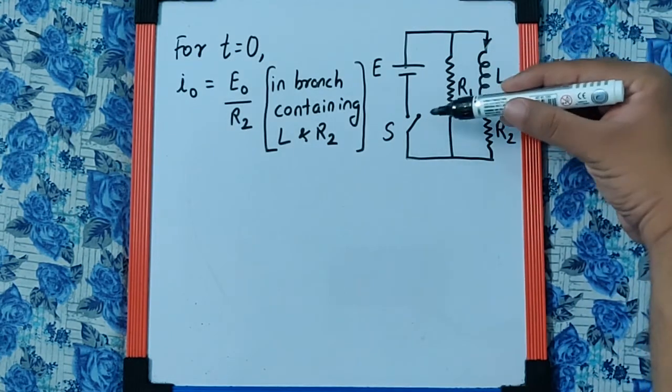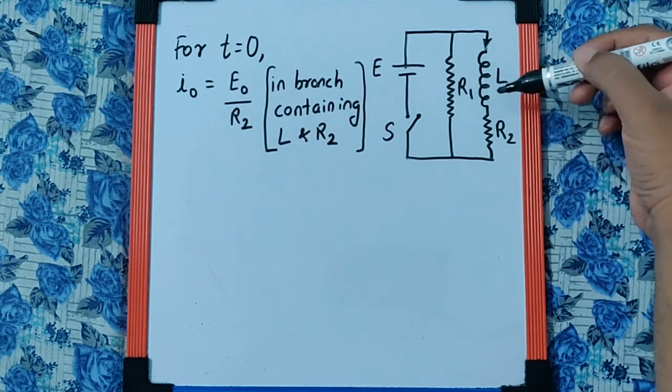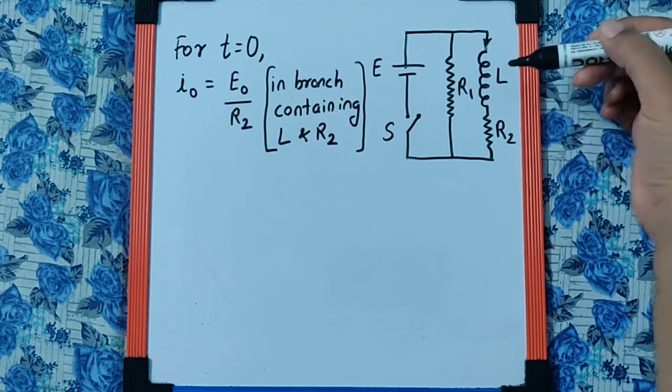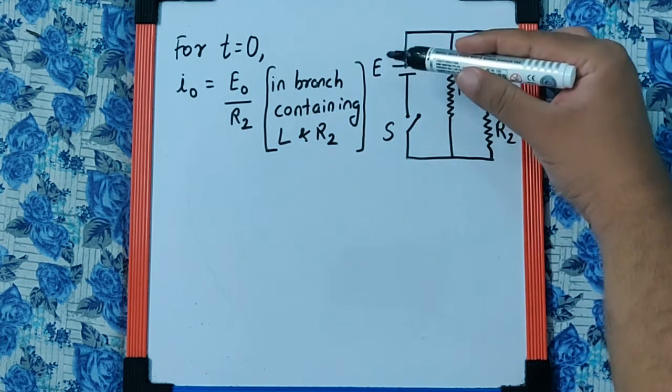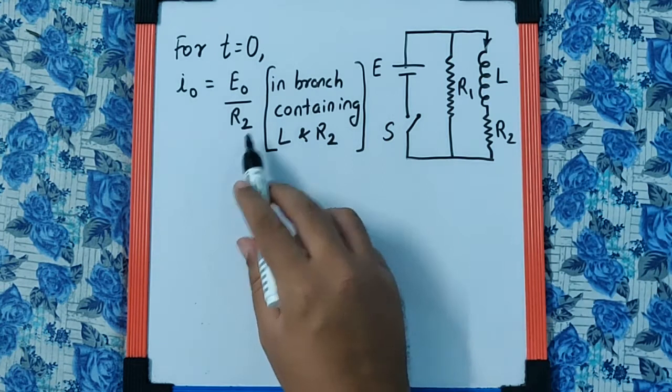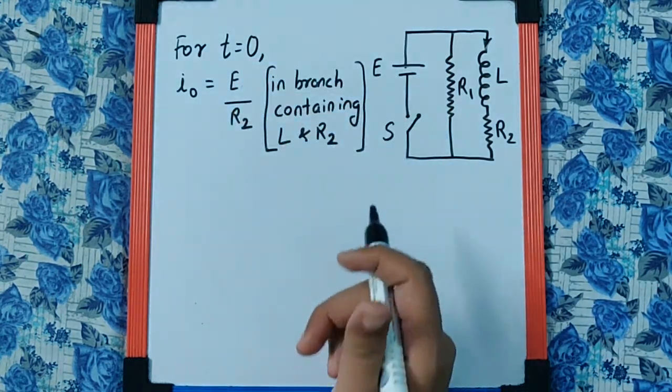the current variation is maximum, for which the L will provide almost zero resistance, which means I naught will depend only on R2 with E. So E by R2 will be the equation, or we should say E in place of E naught.